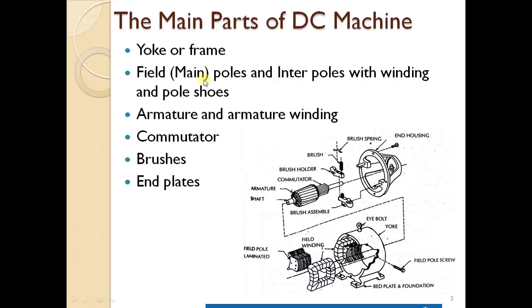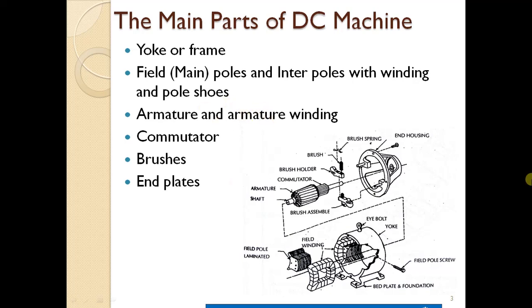This is another major part. As I already said, I should have a magnetic field in order to produce a torque. That magnetic field comes from the field poles along with the field winding. And then I should have a current carrying conductor to place in that magnetic field. So here we have the armature and armature winding, where the armature winding acts as a conductor which carries a current.